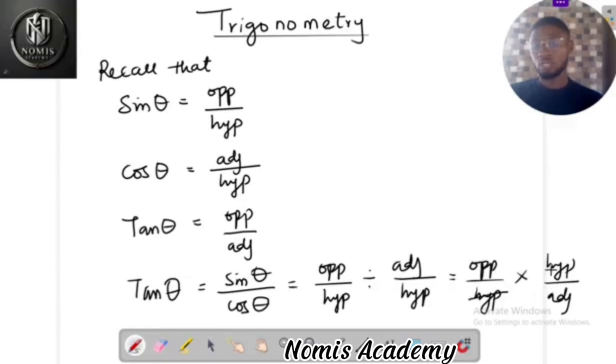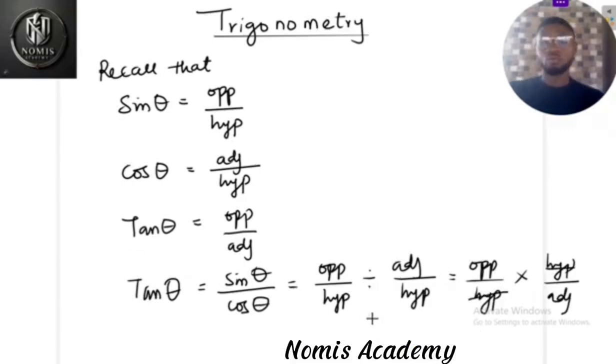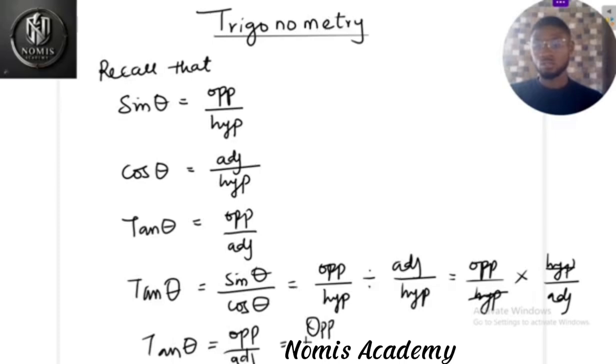The hypotenuse cancels the hypotenuse, and I'm left with opposite all over adjacent, which is tan theta. So definitely the ratio of sin theta and cos theta is equal to tan theta.